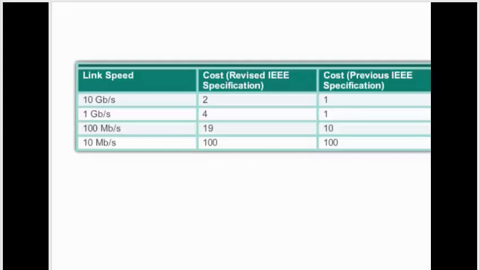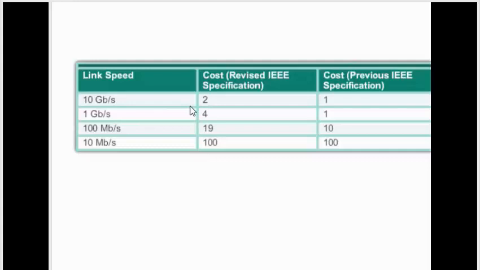The sum of the port cost values determines the overall path cost to the root bridge. If there is more than one path to choose from, the spanning tree algorithm chooses the path with the lowest path cost. Now in this picture you see the default port costs.